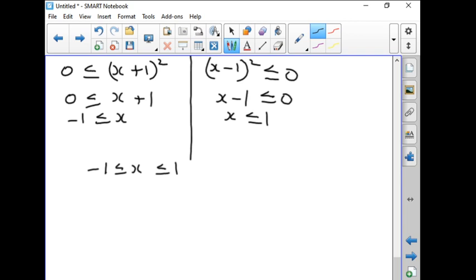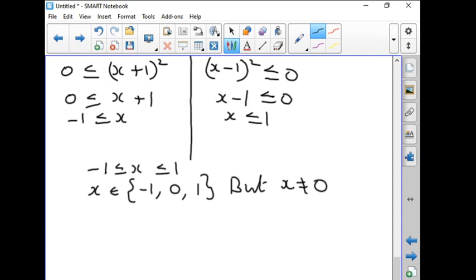So what we have got here: x belongs to [minus 1, 1], but x is not equal to 0, because we have 2x in the denominator.